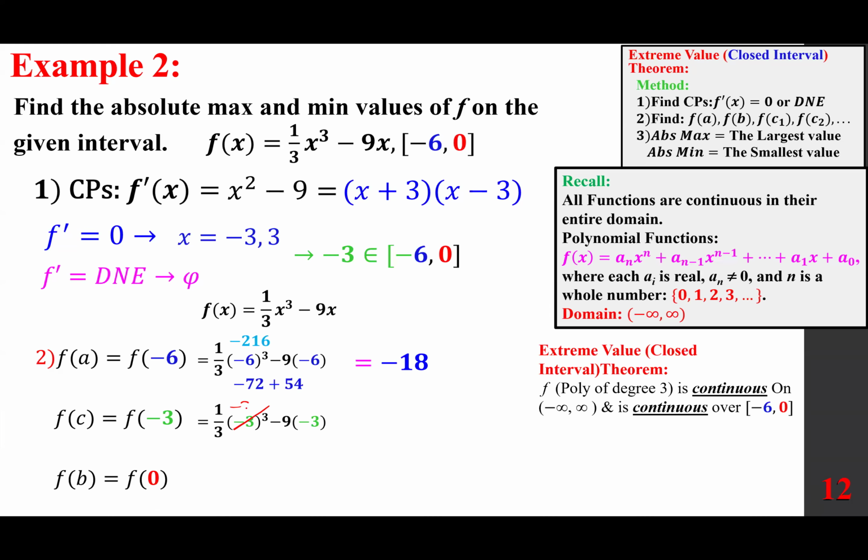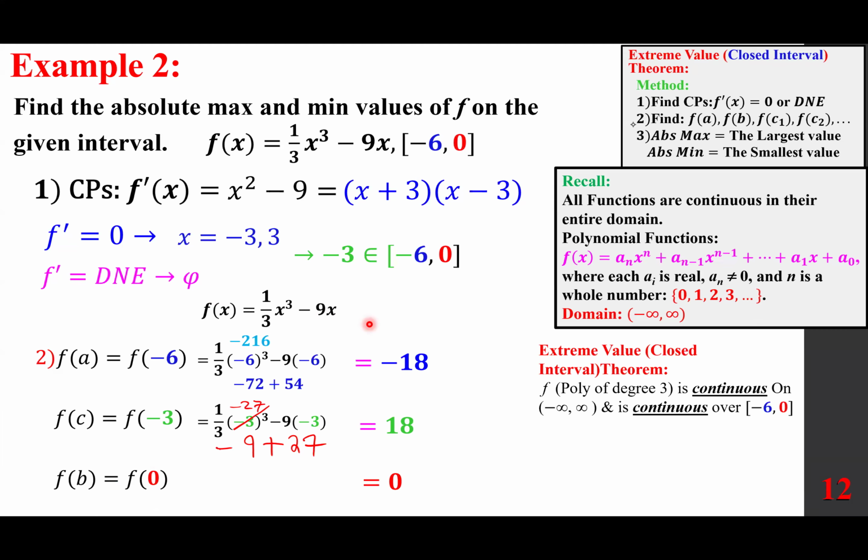This is negative 27. 1/3 of it is negative 9, plus 27. We get positive 18. Now b is 0. Plug in 0, and clearly you can see you get 0.